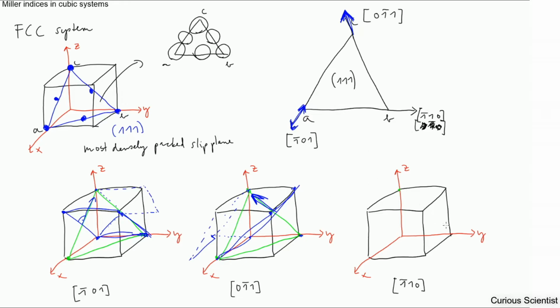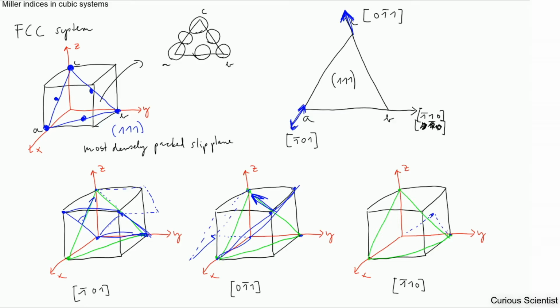So again 1, 1, 1 plane. And then -1, so imaginary direction here, and 1, so we go in this direction, and then 0 on z.